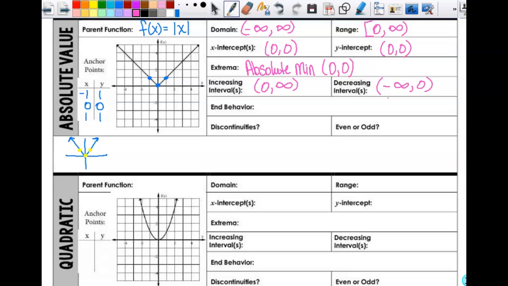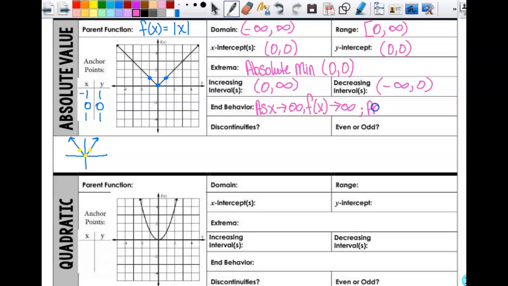Okay. End behavior. As x approaches infinity, f of x approaches what? As x gets bigger and bigger and bigger, what's happening to y? Bigger and bigger and bigger, infinity.